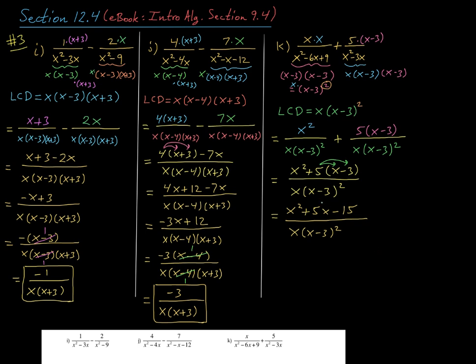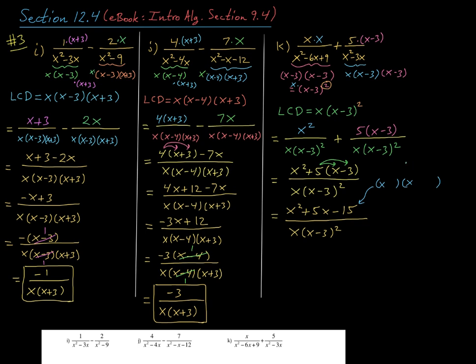Now, can we factor that numerator? Does this one simplify anymore? Well, we can try. Looking here, I would need an x and an x to build the x squared. And for the 15, my options are 1 and 15 and 3 and 5, right?